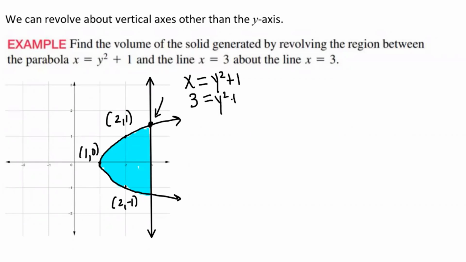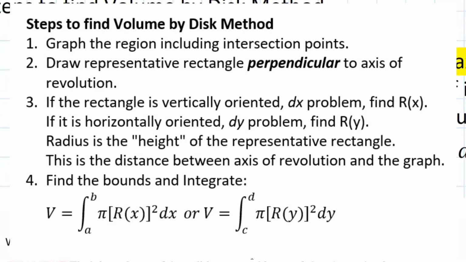So replacing x with 3, we get 2 equals y squared, which means y is equal to what? Positive or negative square root of 2. So we actually found both the intersection points: (3, root 2) and (3, negative root 2). What we just did was graph our region, including the intersection points.